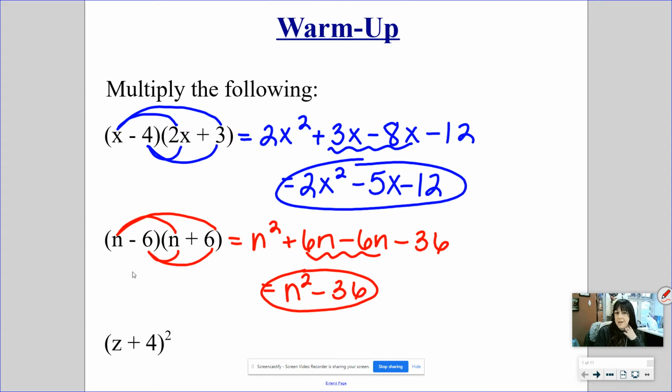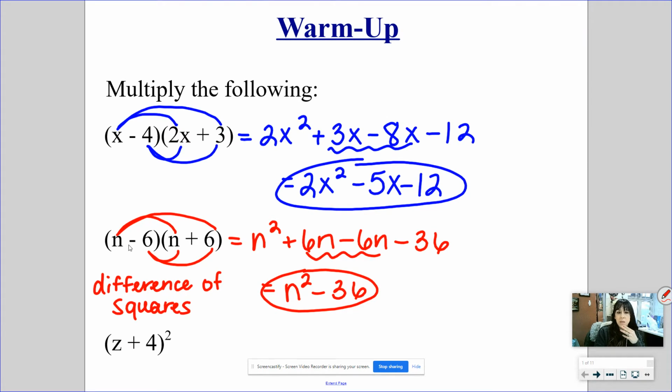This has a name. This is called a difference of squares problem. So what that means basically is that you have two identical parentheses, one with a minus and one with a plus. That's the word difference.